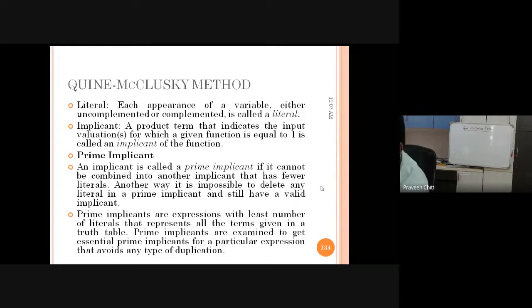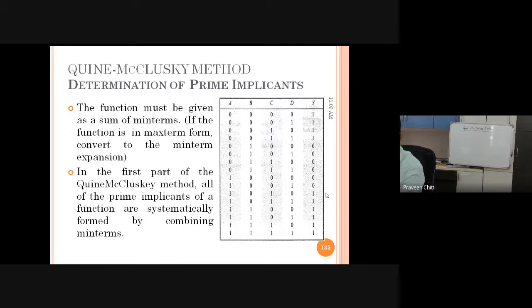I have already explained how POS can be converted to SOP, or how SOP can be converted to POS. One thing you should remember: the Quine-McCluskey method uses only SOP expressions. So if the expression is given in POS form, you have to convert it into SOP, and then use the Quine-McCluskey method.